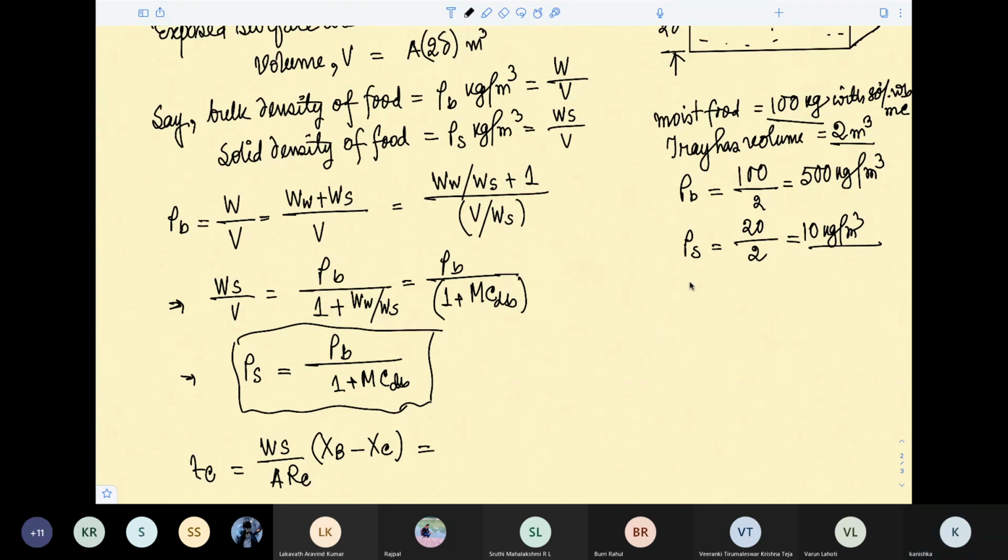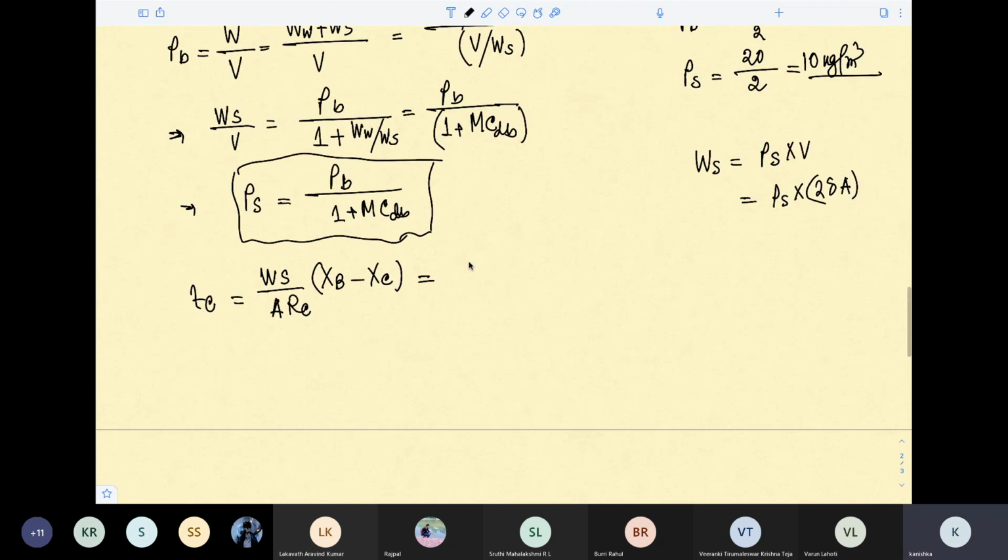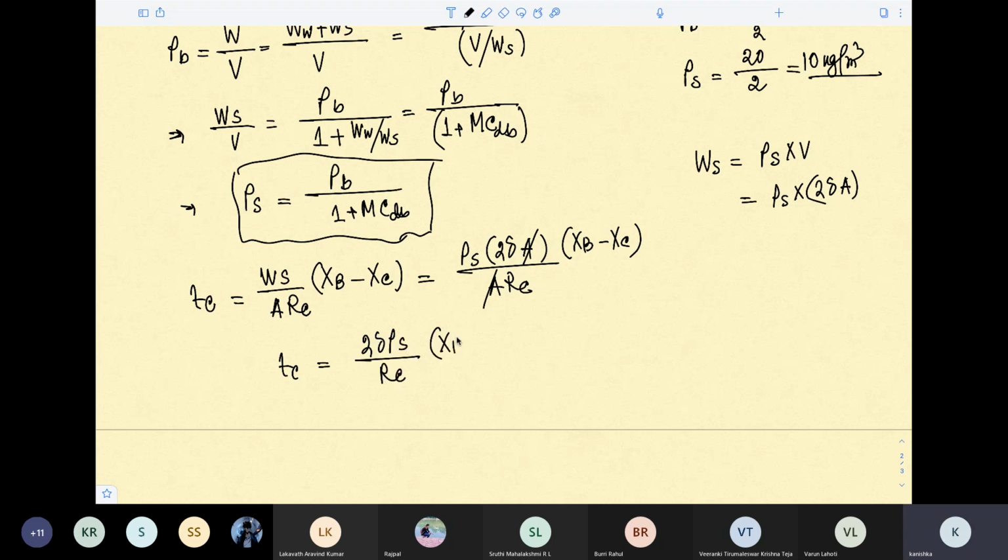Ws will be rho S multiplied by V. So this is rho S multiplied by 2 delta into A. So we can write rho S 2 delta into A XB minus XC divided by ARC. So A got cancelled. So TC becomes 2 delta rho S divided by RC, XB minus XC.